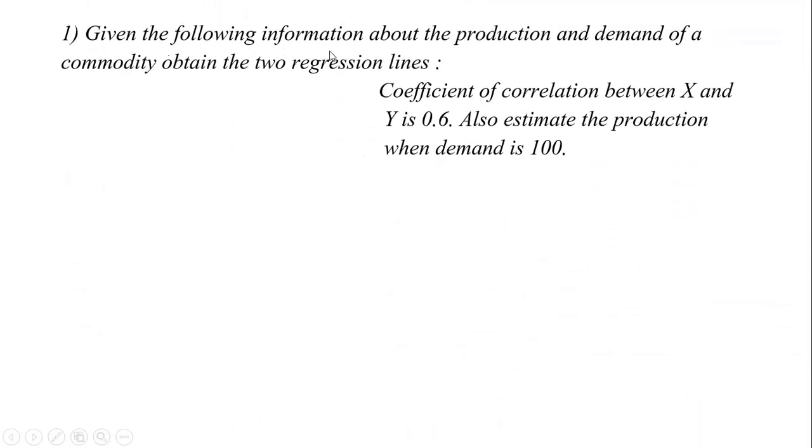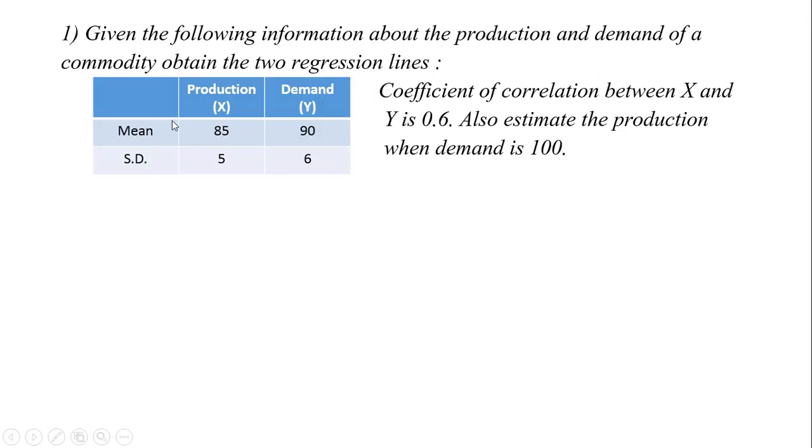Given the following information about the production and demand of a commodity, obtain the two regression lines. Here for production variable x is used, for demand variable y is used, and mean and SD are given in tabular form.